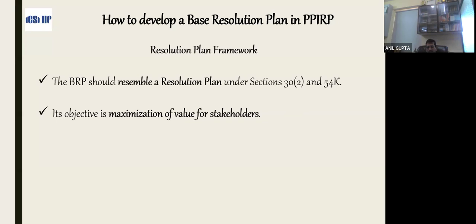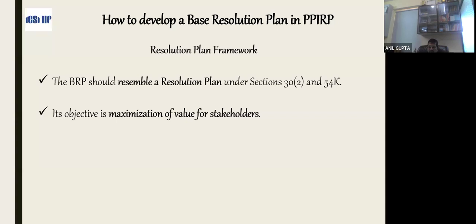But actually, sir, here the TEV report is a good report. So whenever you are giving this assignment to the consultant to prepare the TEV report of the company, whatever the areas that are there in the base resolution plan, you ask them to include those in the TEV report. Then it is a cakewalk for you to prepare the base resolution plan.